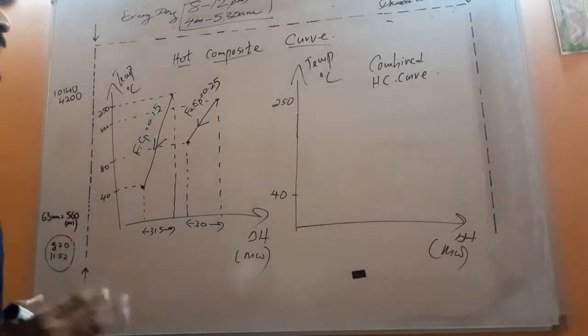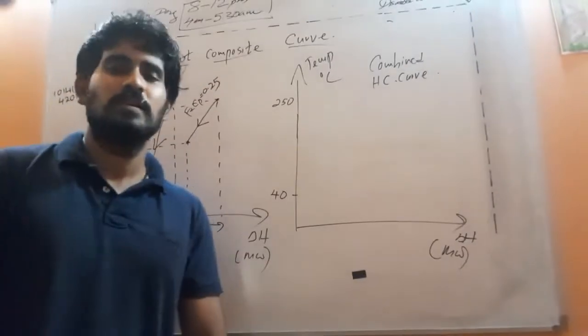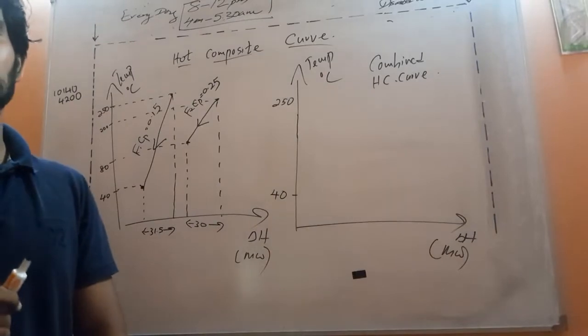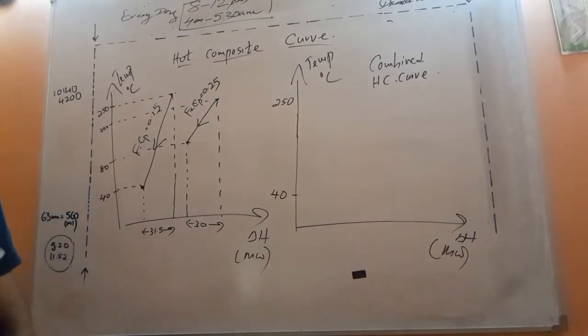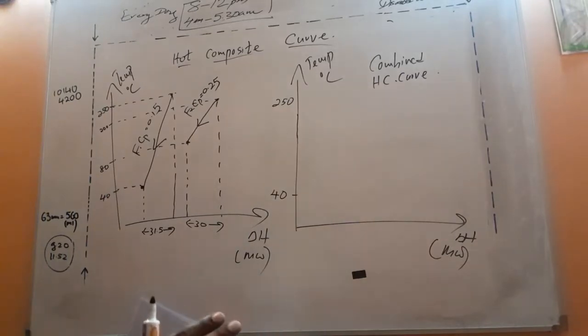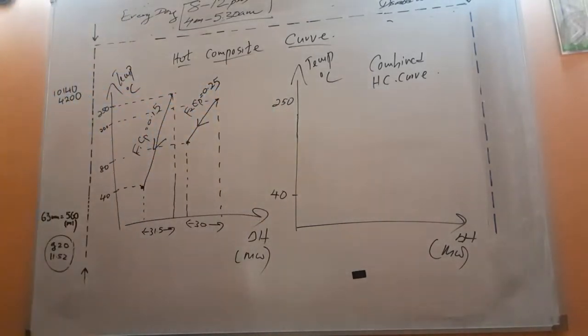You have to complete the journey from 250 to 40 by using only one curve. Let's see how to sketch that. When you are going to travel from 250 to 40, you can't figure that out at the same time.